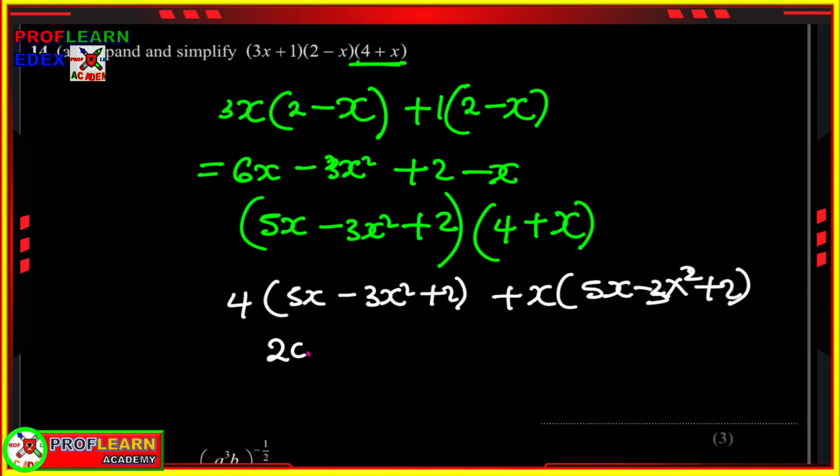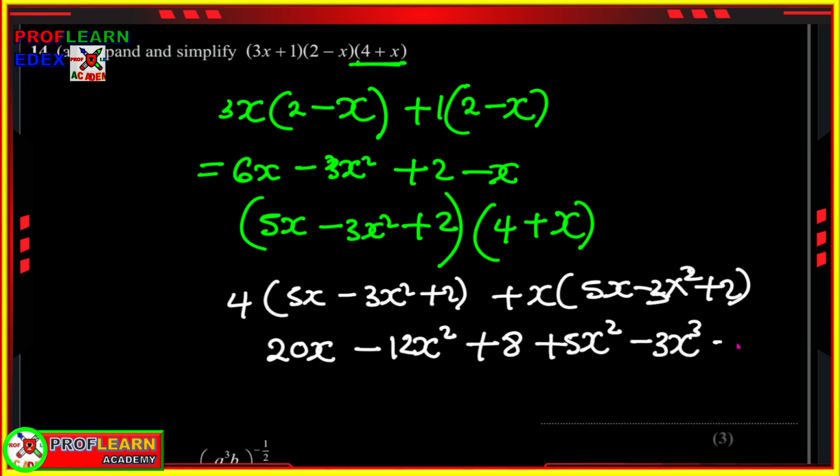This is 20x minus 12x squared plus 8 plus 5x squared minus 3x cubed plus 2x.